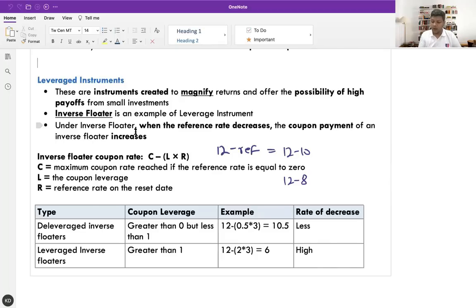Now here, what if I multiply the reference rate with a higher term? Instead of 1, what if I multiply with 2? Not 2, basically the change. For example, how much did the interest rate fall when it went from 12 to 10? It falls by 2%, right?